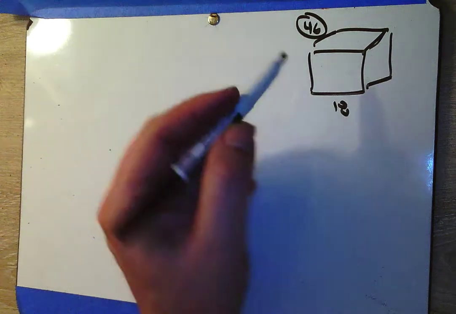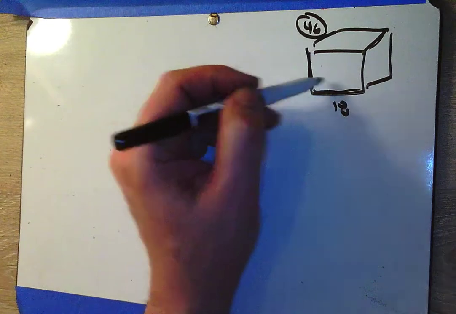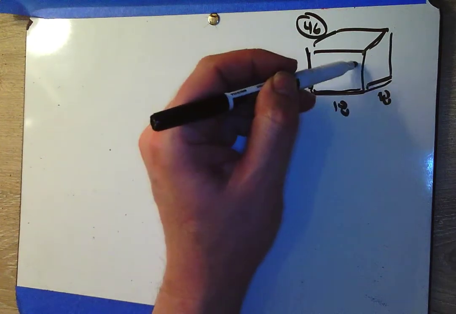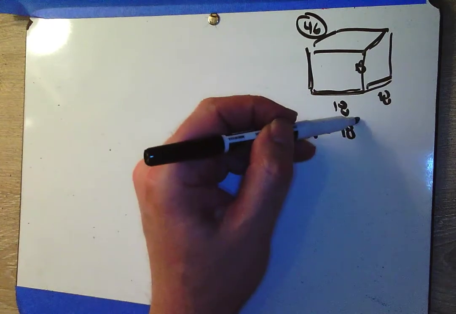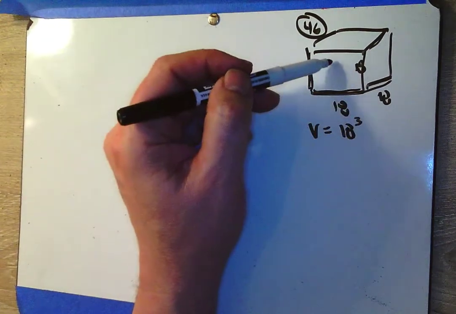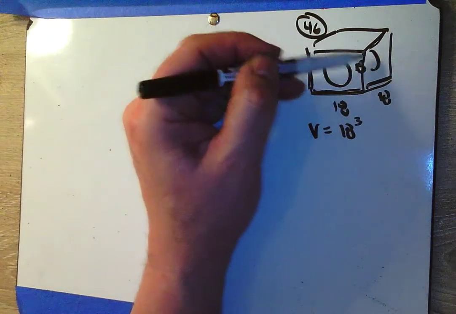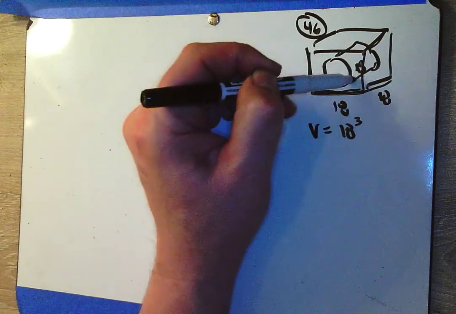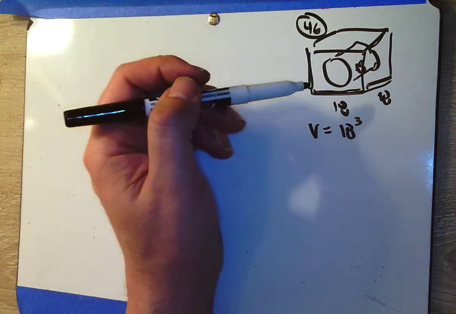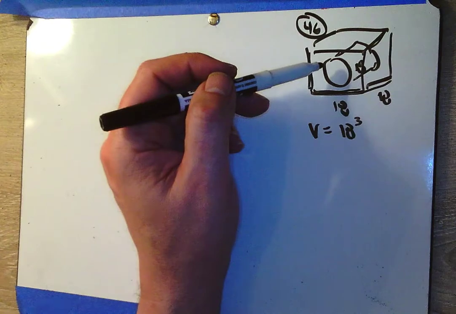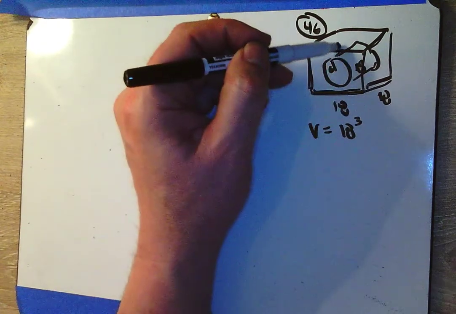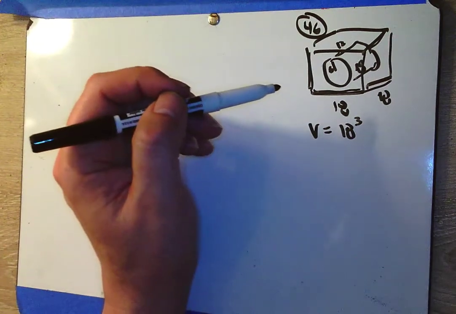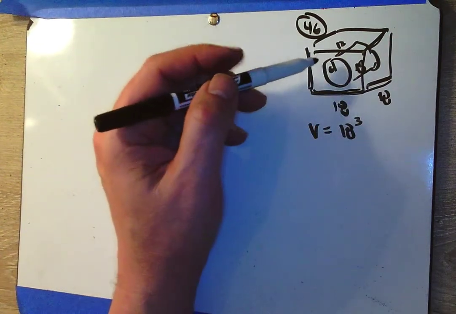All right, well, if the box has a side of 18, we know the volume of the box would be 18 to the third. Now, there's a cylinder in here that we're shipping, and so that's not packing material. The radius of this is 6. The height of this is 12. So what's the volume of the cylinder?